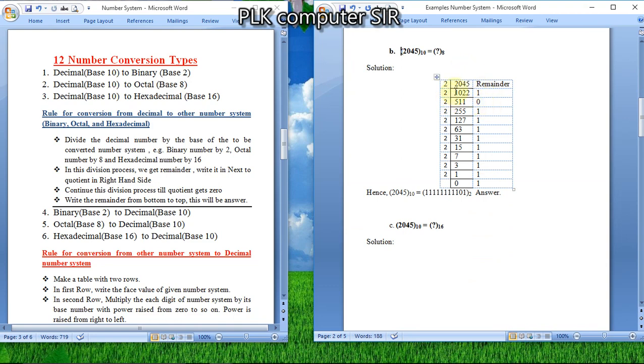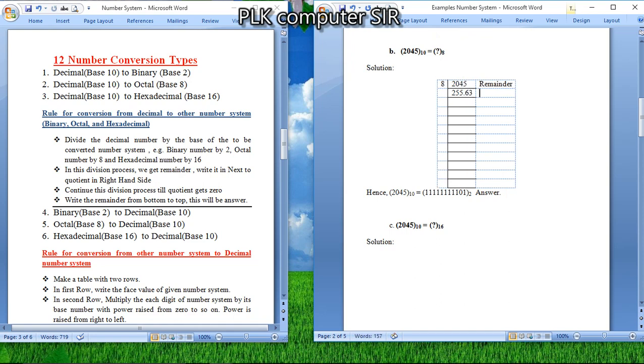Now I am going to delete all these things. We have to divide by 8, because we are converting 2045 into octal.